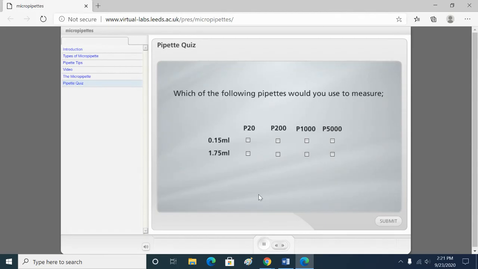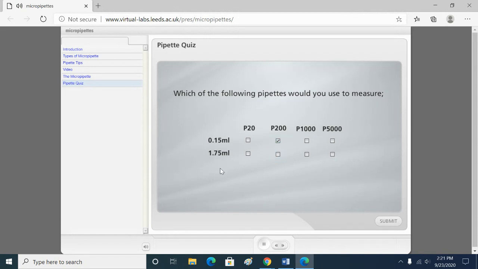So which of the following pipettes would you use to measure 0.15 milliliters? Again, convert to microliters. 150. So which pipetter would you use? The P200.